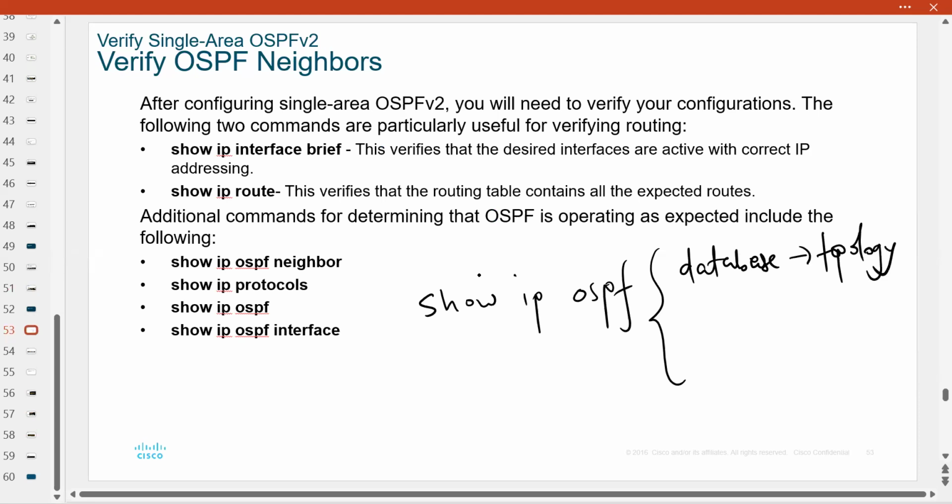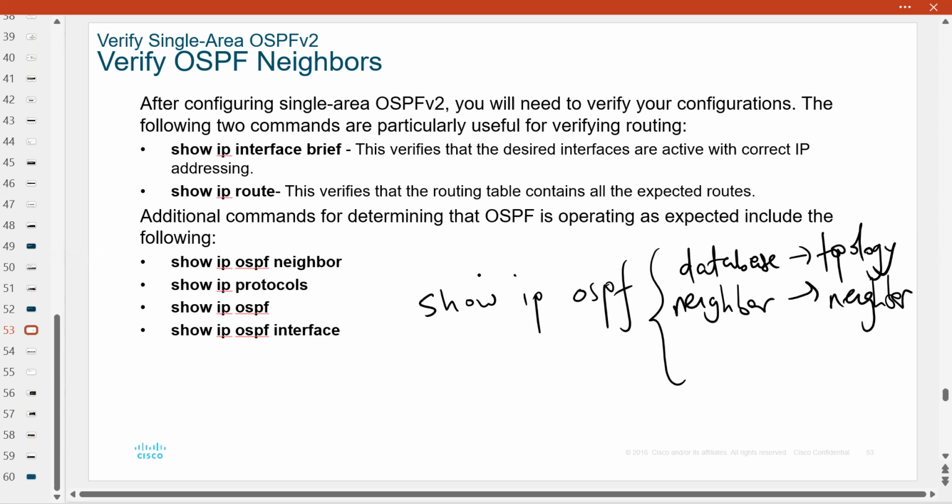The topology table shows you every router in the network and its ID. If you say show IP OSPF neighbor, it shows you the neighbor table, the neighbors of your router and the statuses of those neighbors.